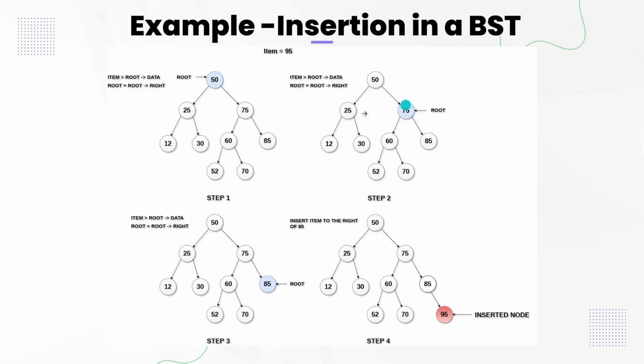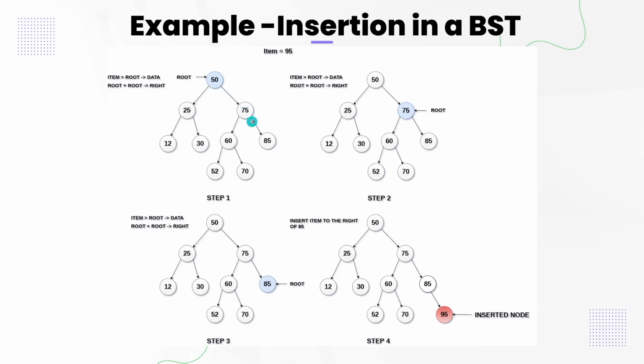We are going to add a new element, 95, into this existing tree. The tree looks slightly balanced, and the root node of the tree is 50. So, we compare 95 and 50. In our case, 95 is greater, so we move to its right subtree.